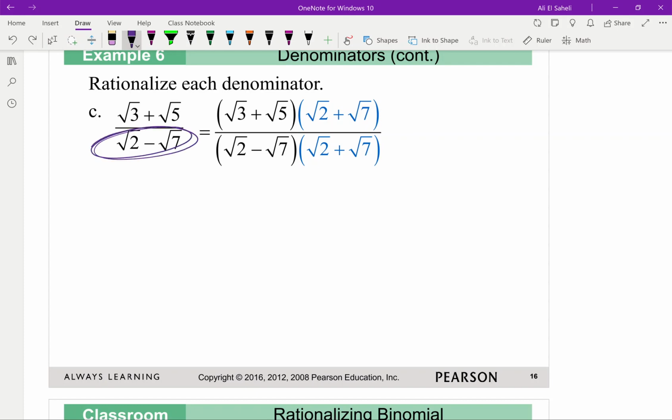Again, the conjugate of this is this. So we multiply by 1. Same as up. Okay, there is a huge difference between these two here. Both of them are plus.